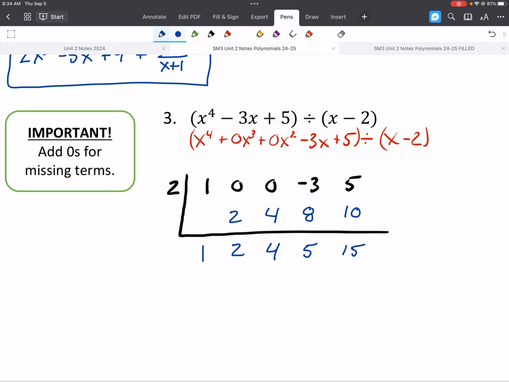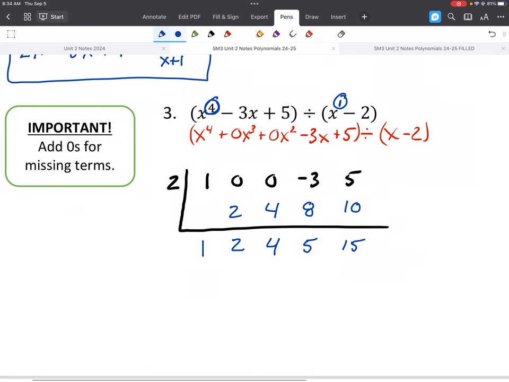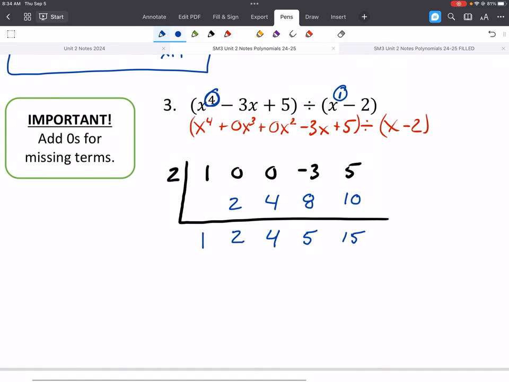Okay, and then we just need to write down our answer. Again, this is a 4th degree divided by a 1st degree, so we should have a cubic when we're done. So we'll have x to the 3rd plus 2x squared plus 4x plus 5 with a remainder of 15 over x minus 2.